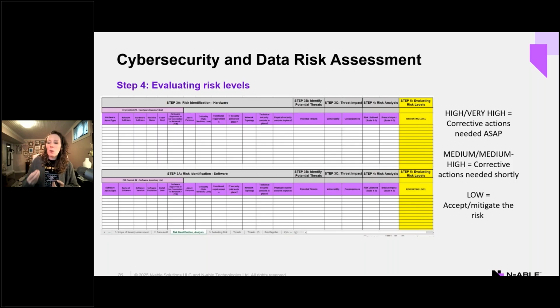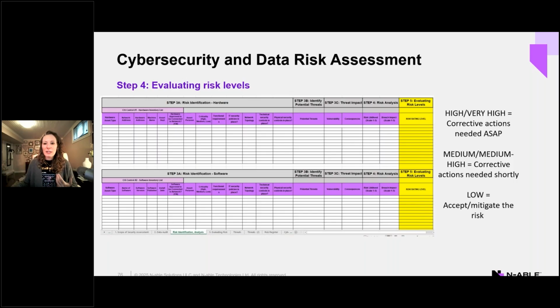A medium to high risk rating means that corrective actions need to be developed and deployed, but within a reasonable amount of time. And this could be either an upfront project, or maybe this just naturally gets resolved through the course of your monthly security services.